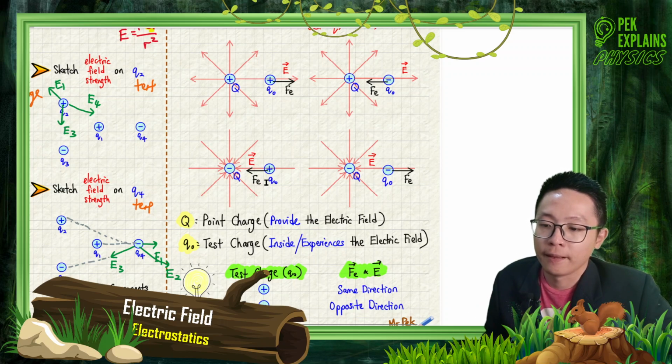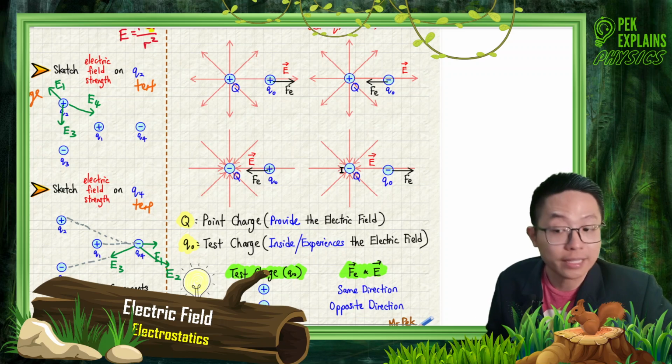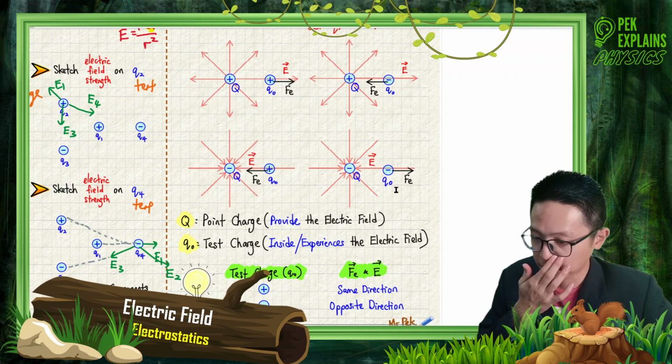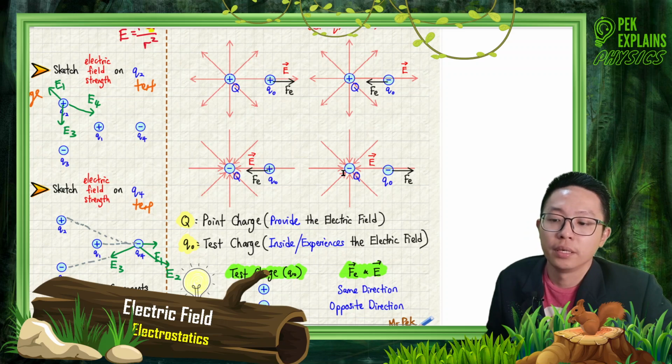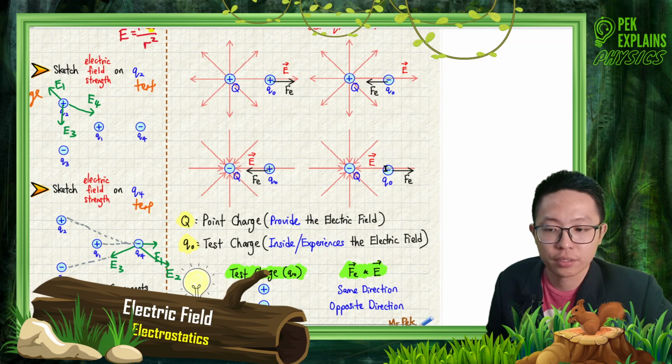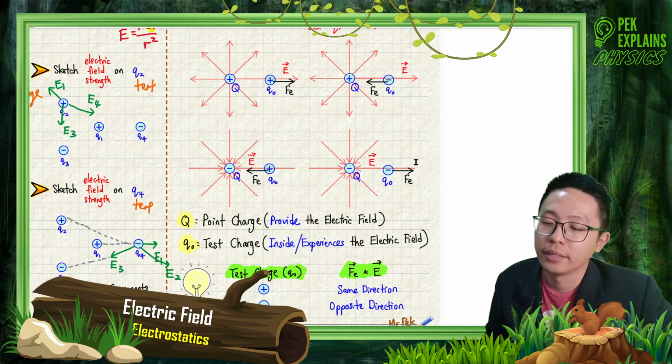Okay? And then, for the last one, you have a negative point charge and a negative test charge. So what happens? For the force, we look at both charges, same sign. Negative and negative, repel. So the force is to the right.